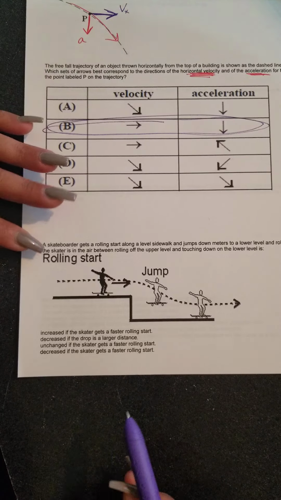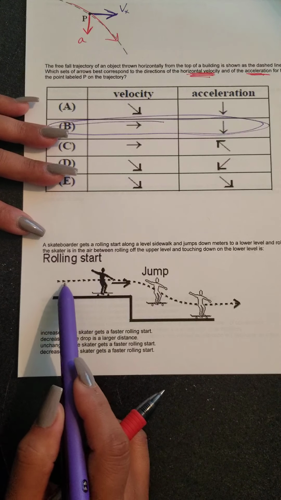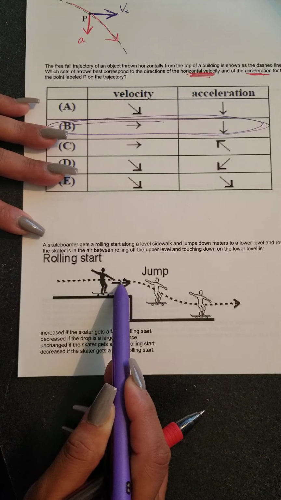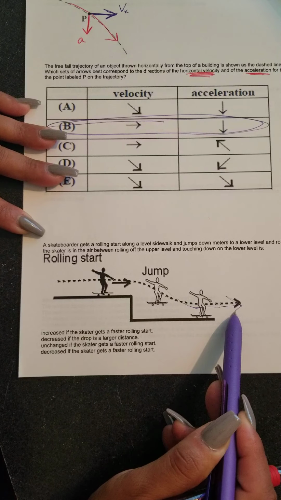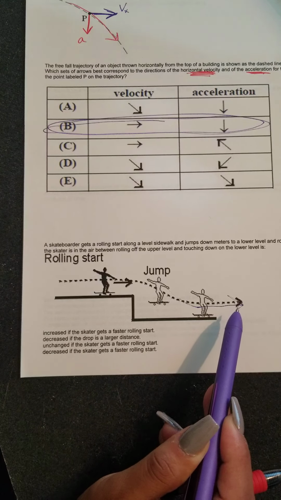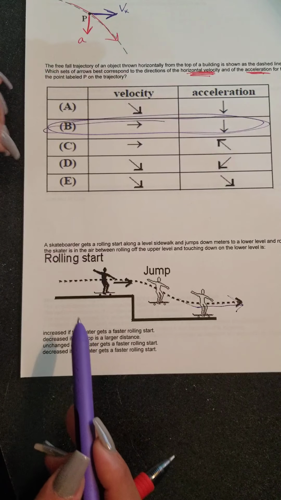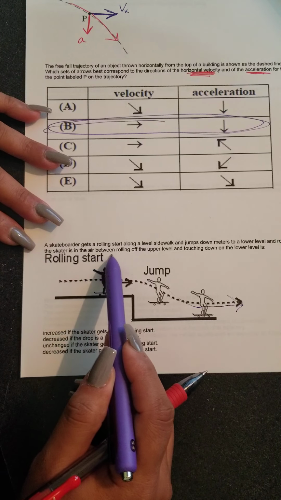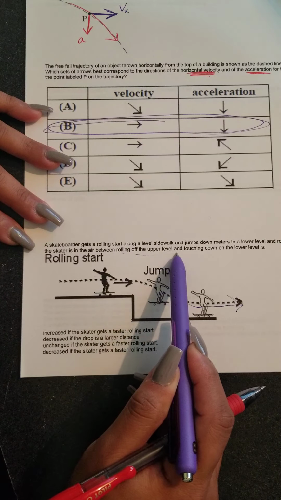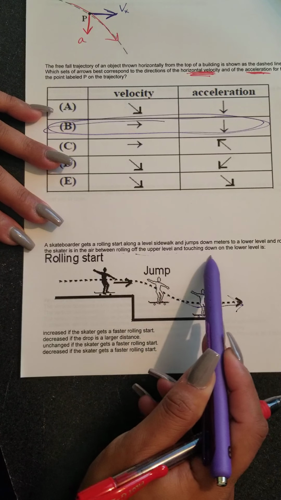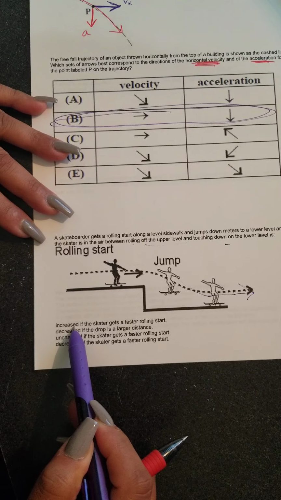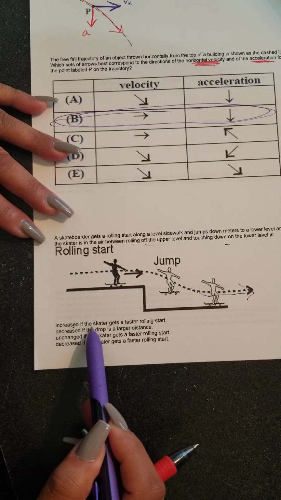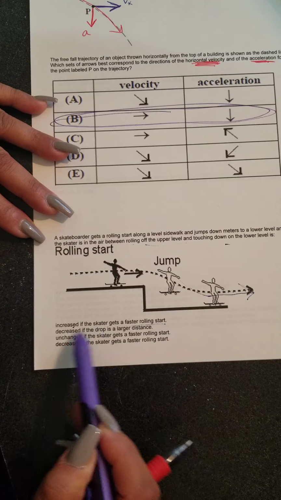Let's keep going. There's a skateboarder here who gets a rolling start along a level sidewalk and then jumps off, lands, and continues to roll on. The time that the skater is in the air between rolling off the upper level and touching down to the lower level, is it going to increase if the skater gets a faster rolling start?